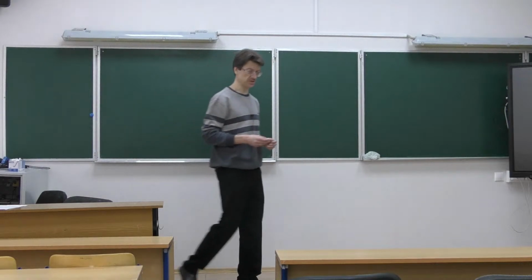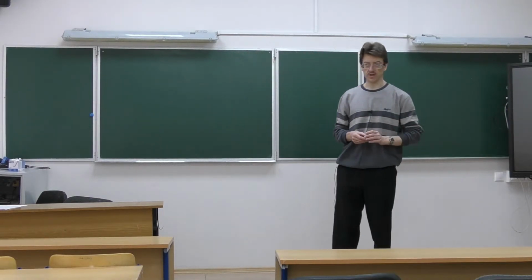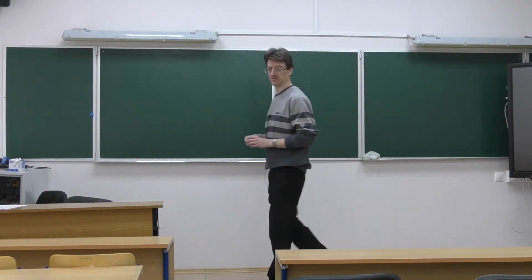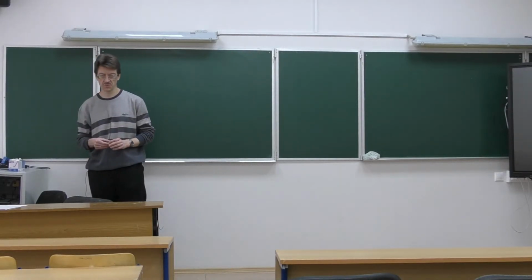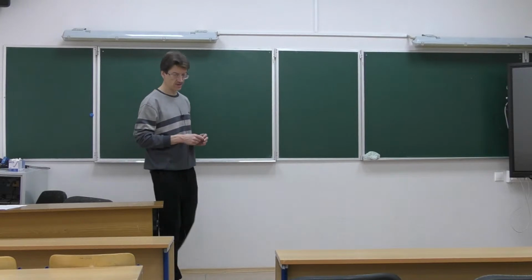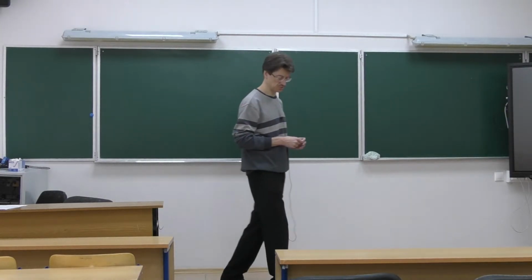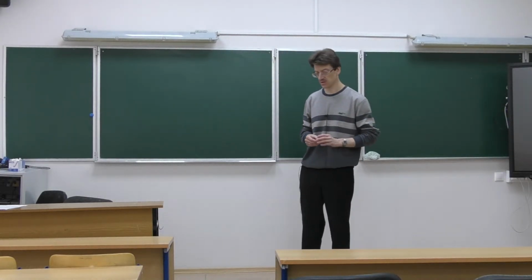Okay, so let's begin. Our plan for the second half of our course is to discuss the basic theory of commutative Banach algebras, and then to apply it to the spectral theory of normal operators on the Hilbert space.